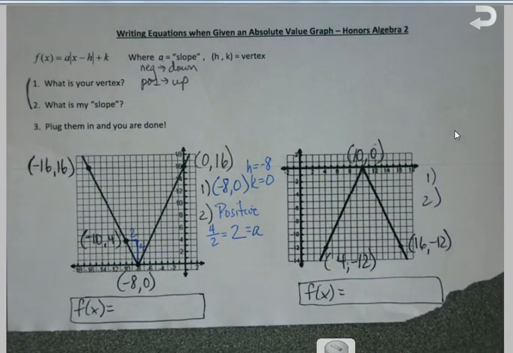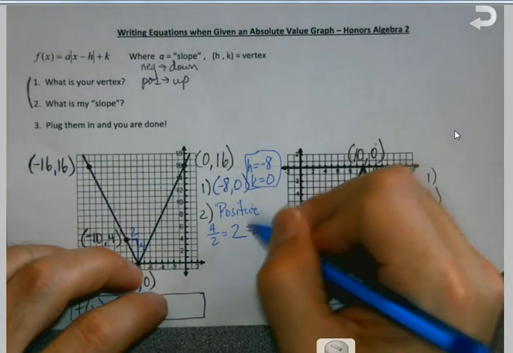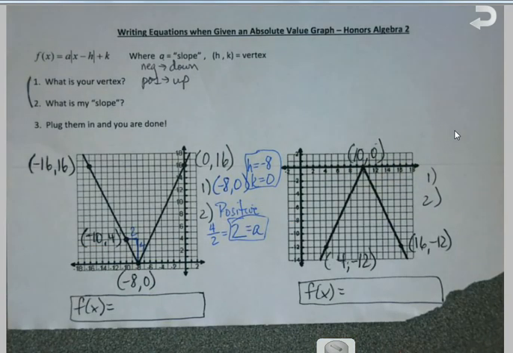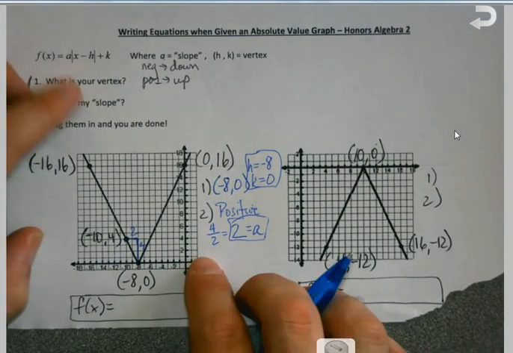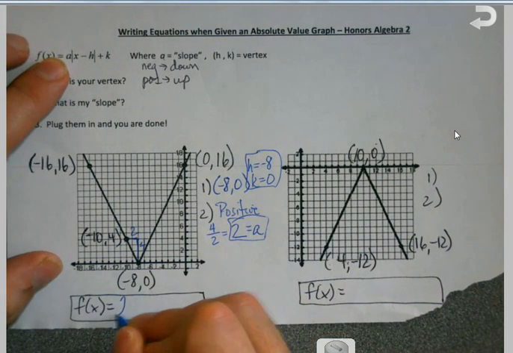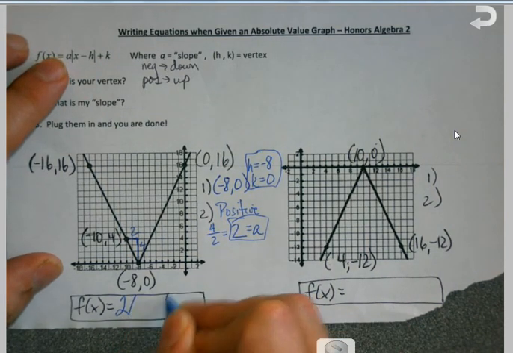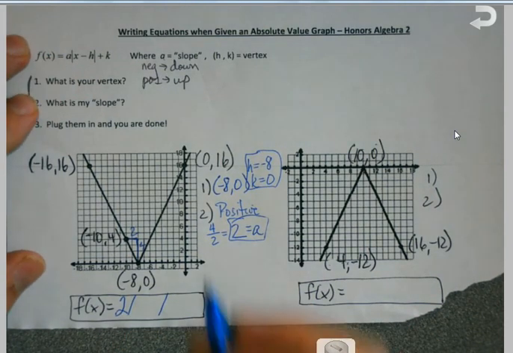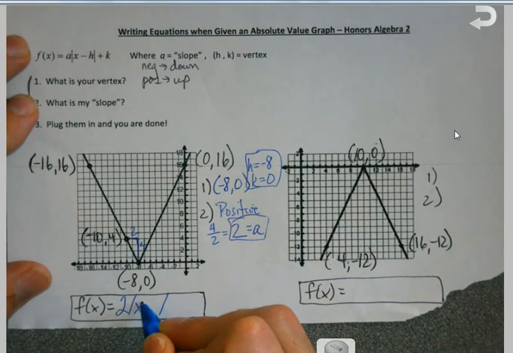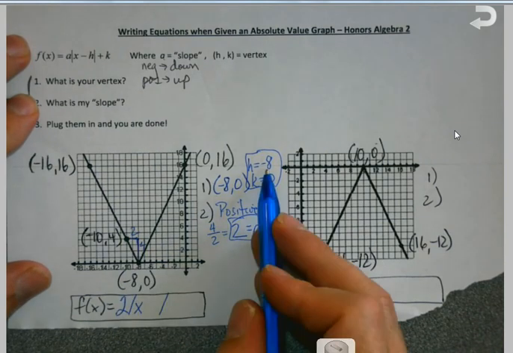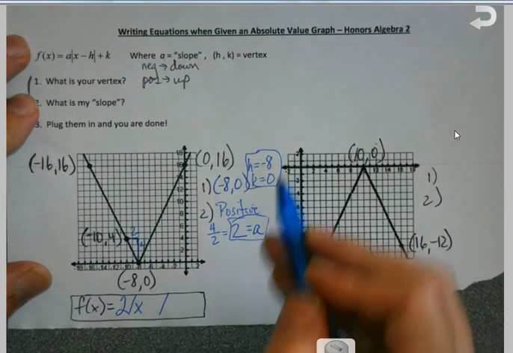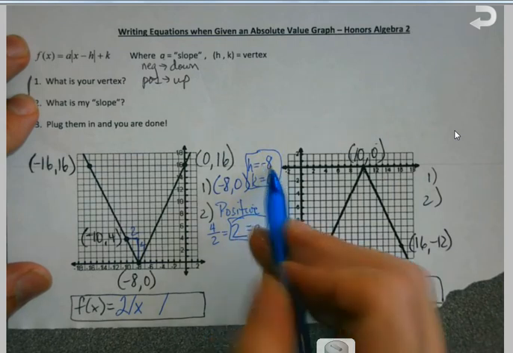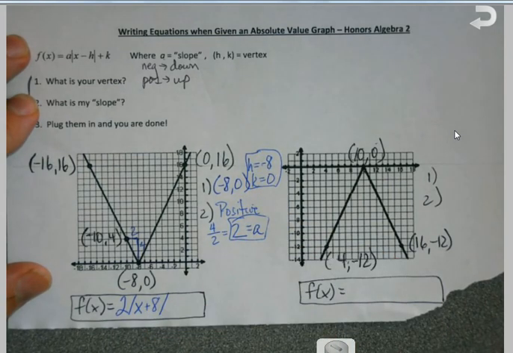And I need those three numbers to make my absolute value equation. So here's how this works. Okay, it's opening up, so my A value is 2. Now, be careful. X minus H. X minus negative 8 is plus 8.